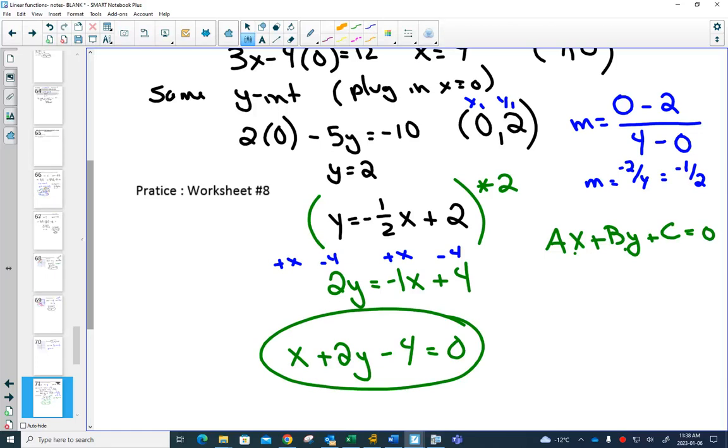Question from yesterday. Yesterday you had worksheet number 7. How many people did a minimum of one question from worksheet number 7 at home? Because see how this one has practice worksheet number 8? Yesterday was practice worksheet number 7.